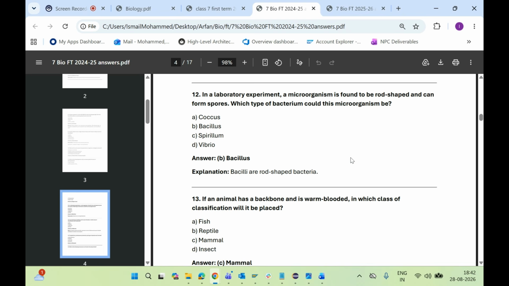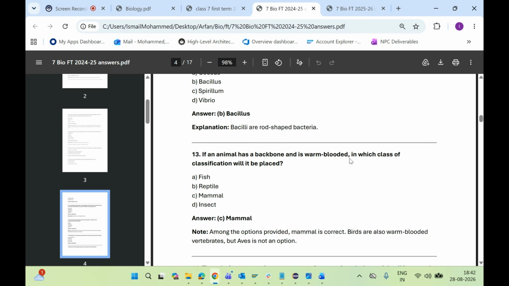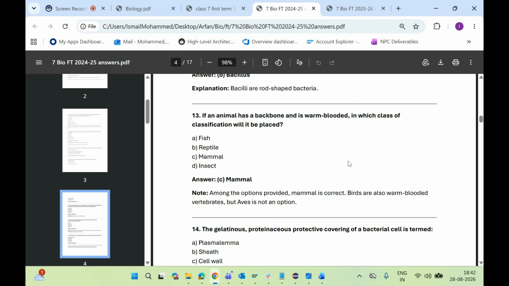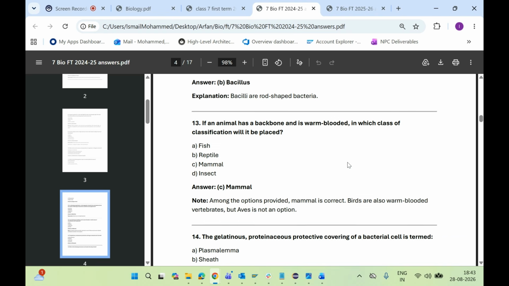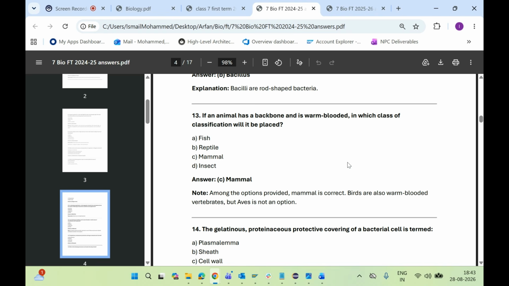Next one is a laboratory experiment: a microorganism is found to be rod shaped and forms spores, so it is bacillus, because bacilli are rod shaped bacteria. Whenever rod shaped bacteria comes, it is bacilli or bacillus. Okay, next, if an animal has a backbone and is warm-blooded, in which class of classification will it be placed?